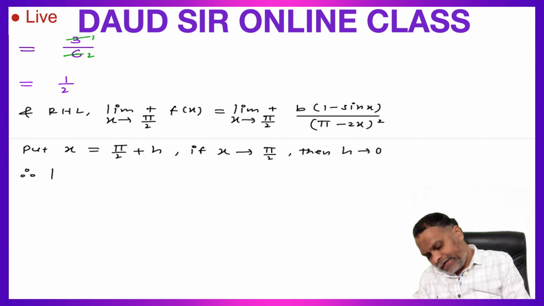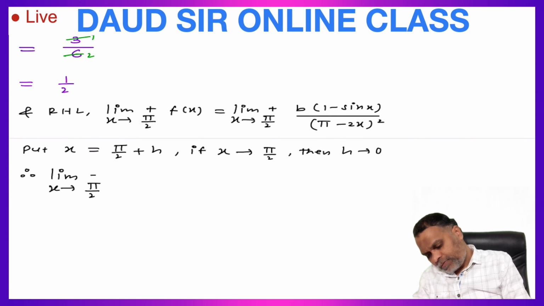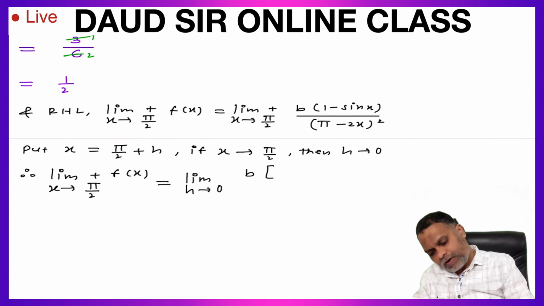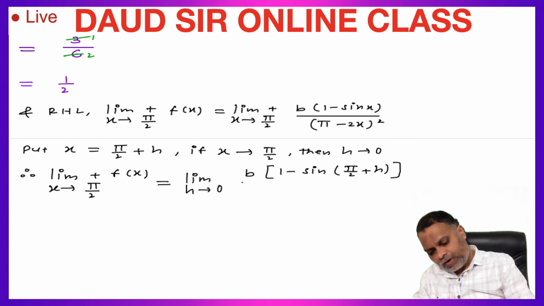Therefore, the right hand limit will become limit h tends to 0, b into 1 minus sin (pi by 2 plus h) upon (pi minus 2 into (pi by 2 plus h)) whole square.